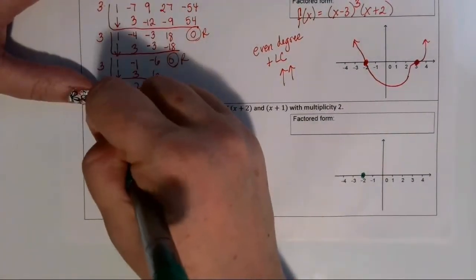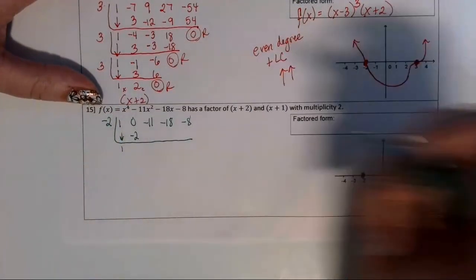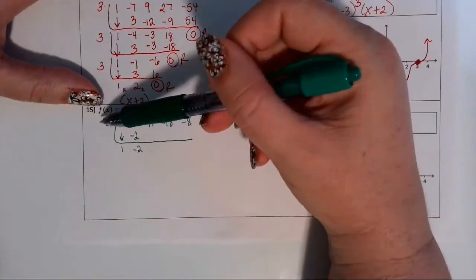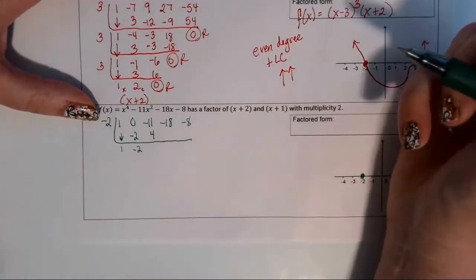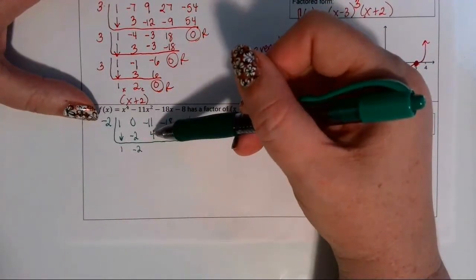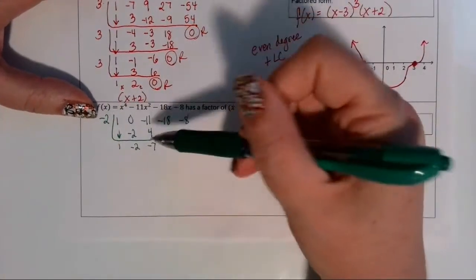We bring down the first term and then multiply. 1 times negative 2 is negative 2. Add those together. 0 plus negative 2 is negative 2. Multiply. Negative 2 times negative 2 is 4. Then we add those together, so negative 11 plus 4 is negative 7, and then multiply.